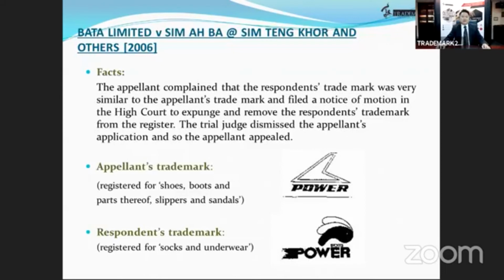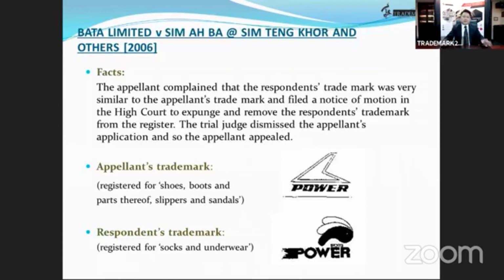On the other hand, you have the defendant, Mr. Sim Aba. I think he is from Ipoh, if I'm not mistaken. He registered this trademark here, which also carried the name Power, but for shorts, socks and underwear.